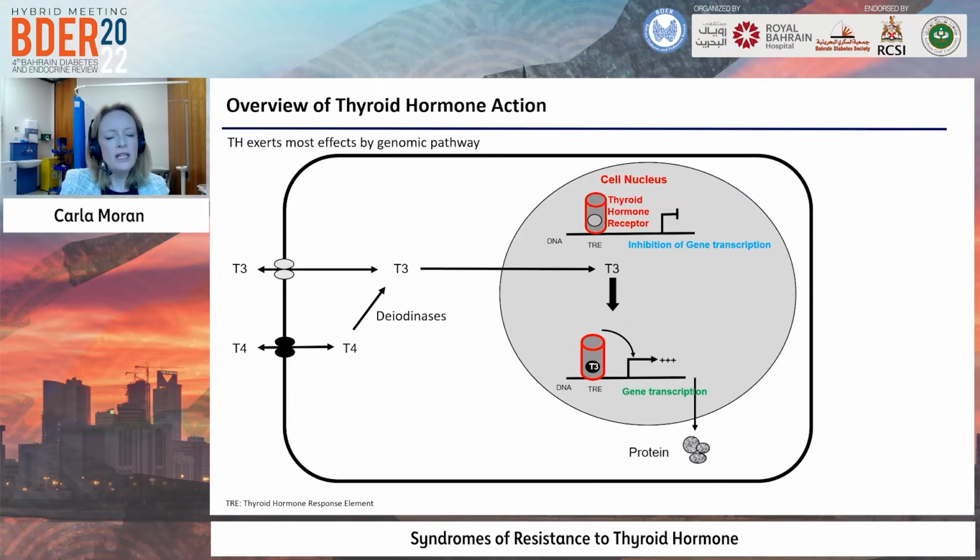I mentioned already that thyroid hormone predominantly works by binding to the thyroid hormone receptor, and indeed thyroid hormone exerts the majority of its effects through this pathway, the genomic pathway. But when we think about the thyroid hormone receptors, it's important to note that there are two main forms of the thyroid hormone receptor, and these are thyroid hormone receptor alpha and beta.